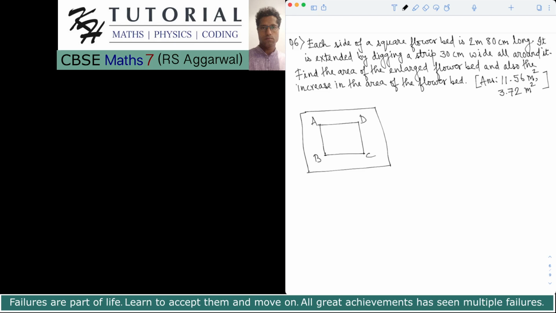Now it has been extended or enlarged, and the enlarged flower bed is PQRS. So basically, all these are all x, which is given to be 30 centimeter. So x is 30 centimeter.